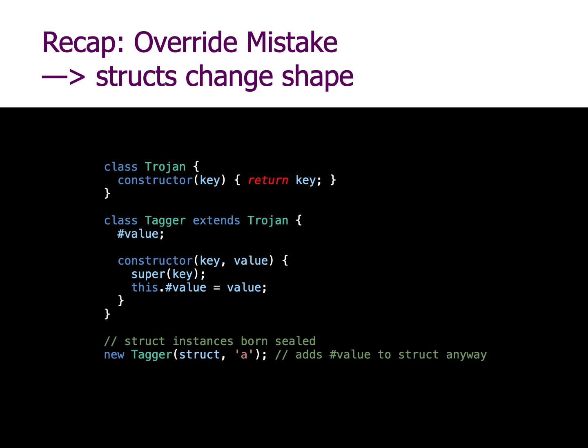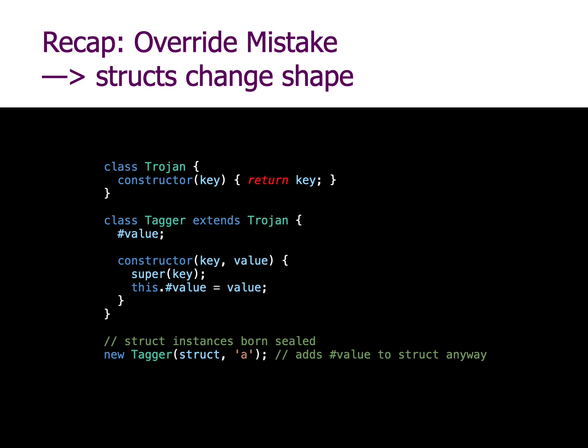And the problem with the current semantics is that this extensibility of private properties combined with return override can be composed to force the engine to add a private field to an already constructed struct instance.